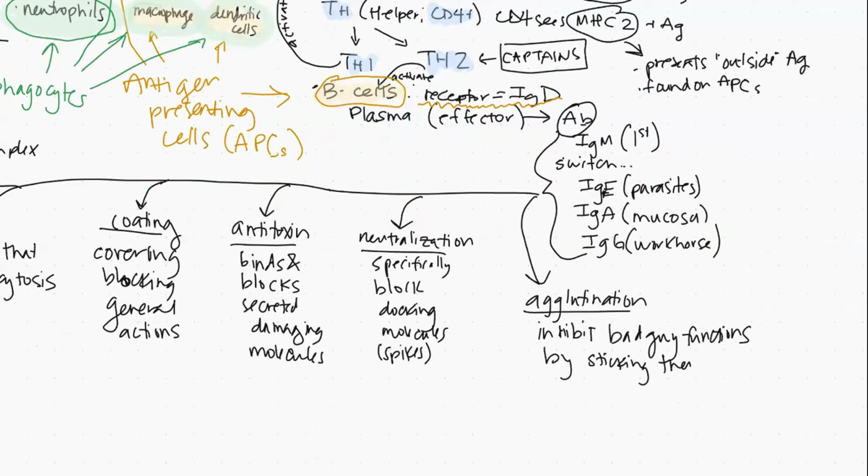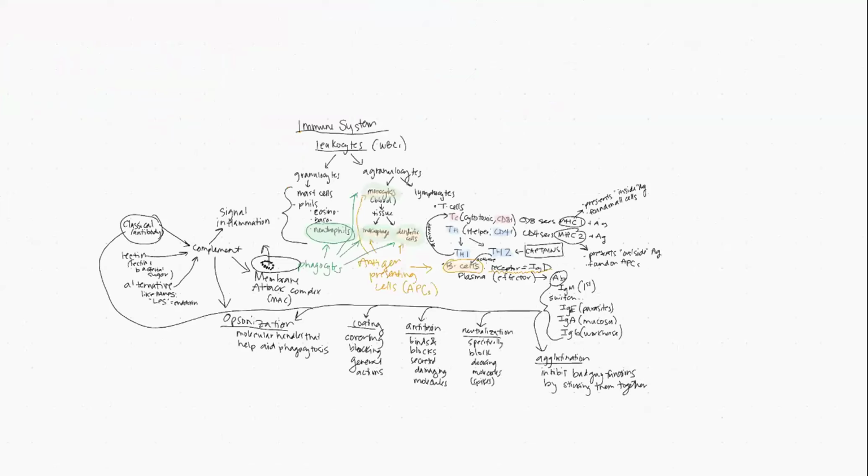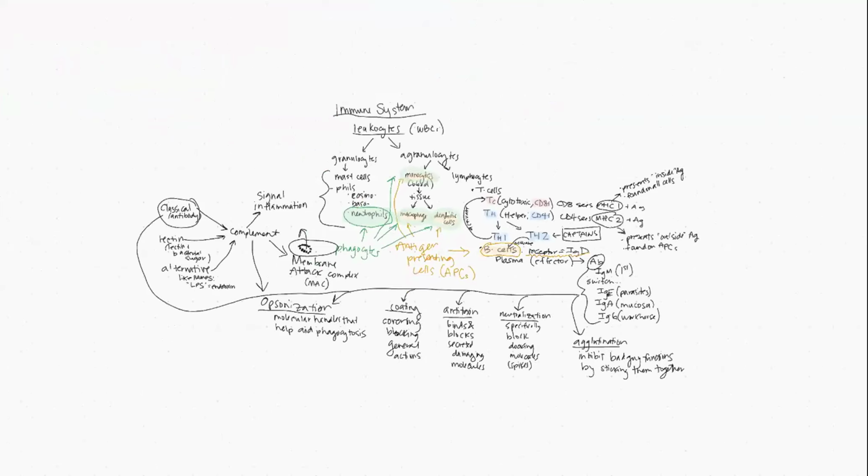All right, so that's our general function of our immune system. If we scroll out and zoom out on that, we can see how these things have gotten outlined and interconnected with one another. Also on the inflammatory process, all of these guys that can signal inflammation, I'm just going to break that down a little bit more.